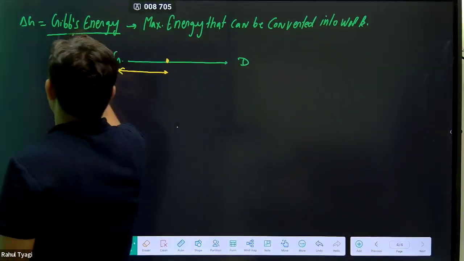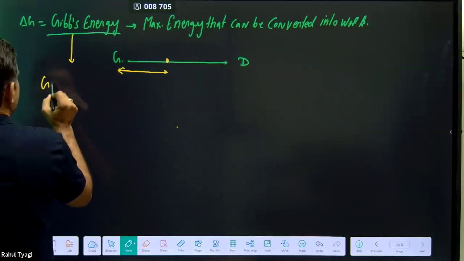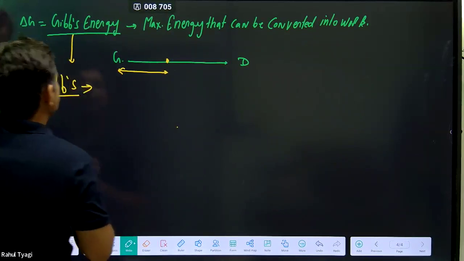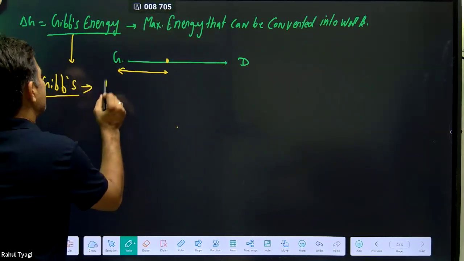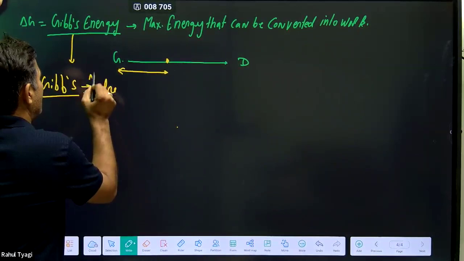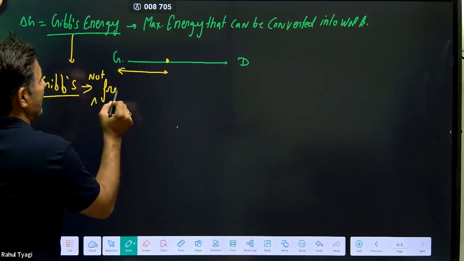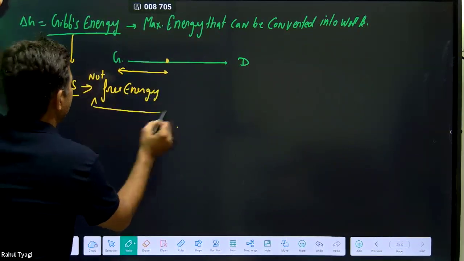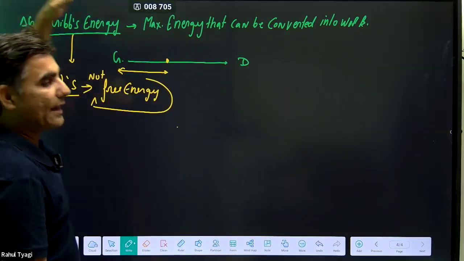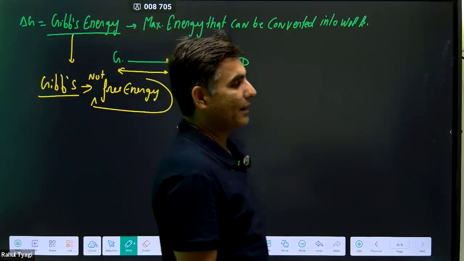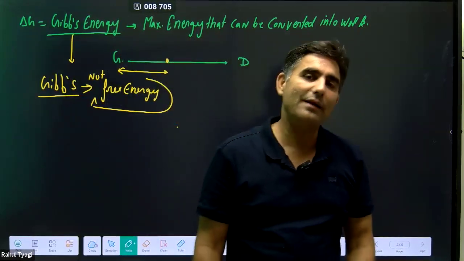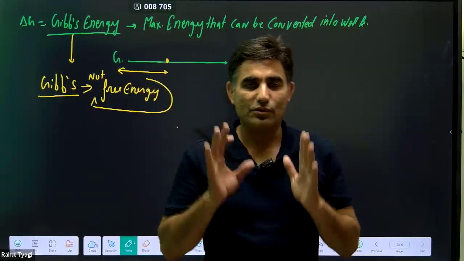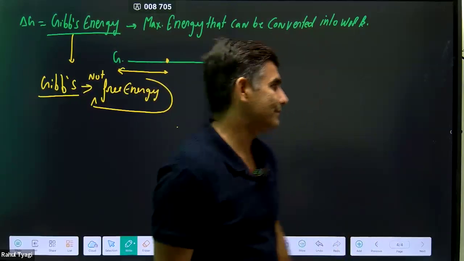Gibbs free energy. But from 2004 onwards, IUPAC said we cannot say it's free energy, because earlier it was understood to be free energy that can be converted into work. Now IUPAC recommends that you cannot say free energy, you have to say only Gibbs energy.